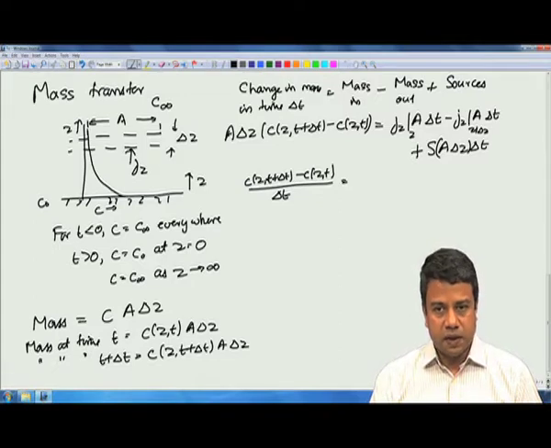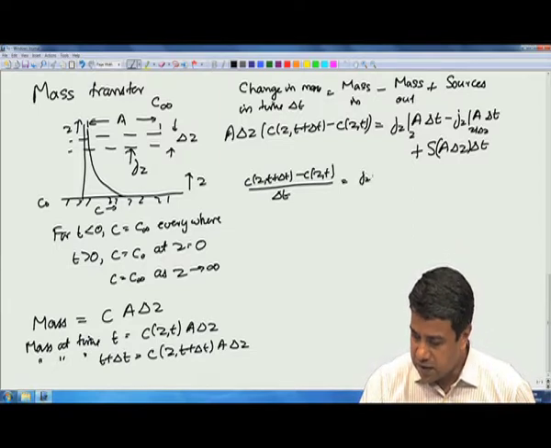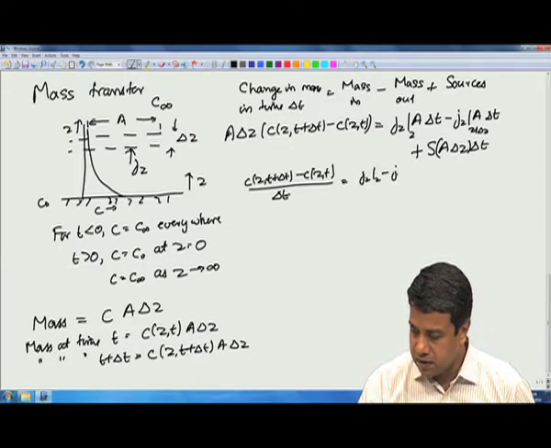You divide by A delta t delta z, you will get j z at z minus the flux at z plus delta z.